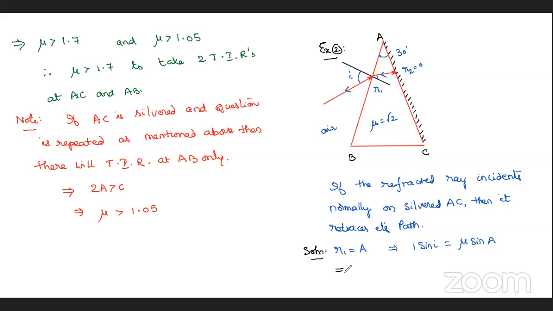That implies 1 sin I equals to mu is root 2 into sin 30. That implies I is equals to 45. Okay. These are few models related to prism, when we use monochromatic light. If we use the chromatic light, then what happens? Means like white light. What happens? Tomorrow we'll discuss.